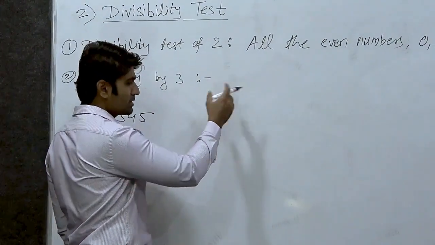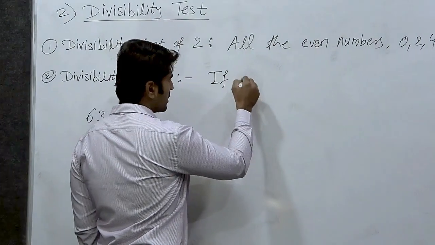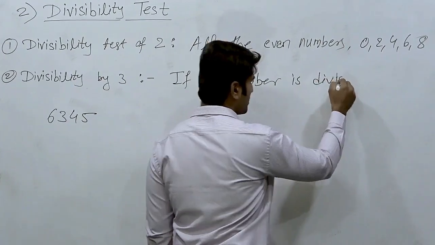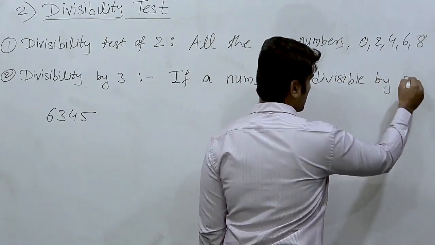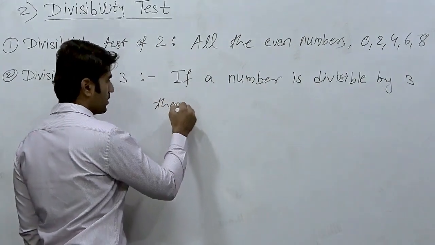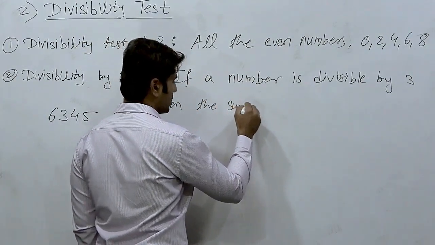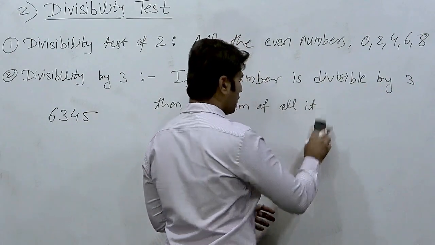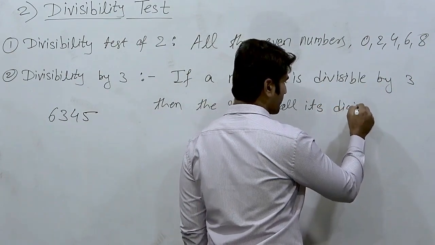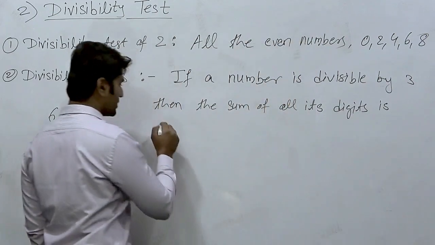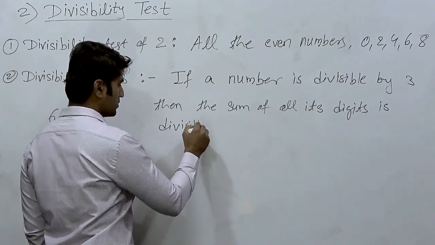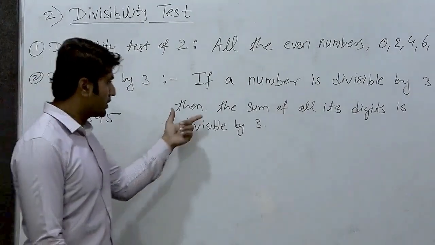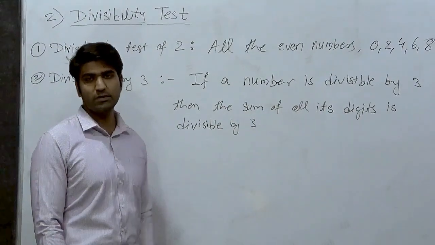The test says that if a number is divisible by 3, then the sum of all its digits is divisible by 3.